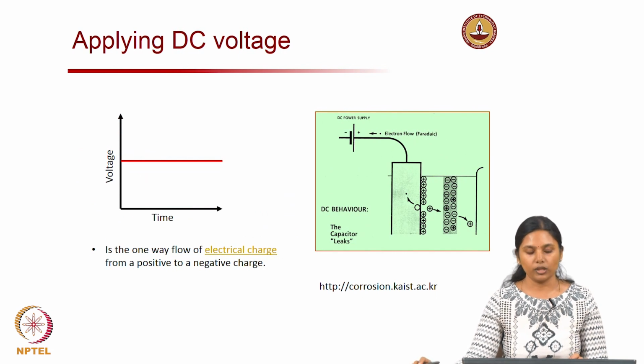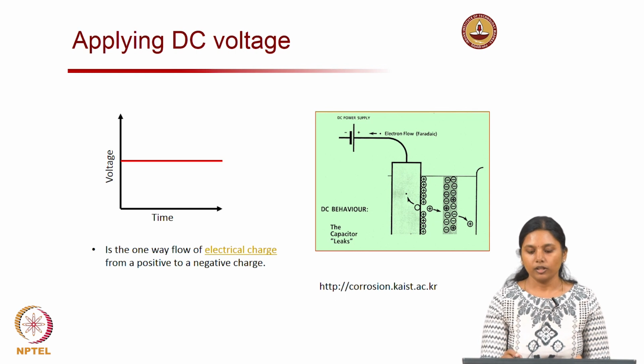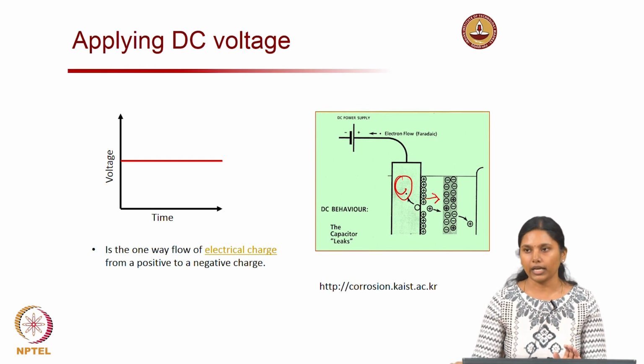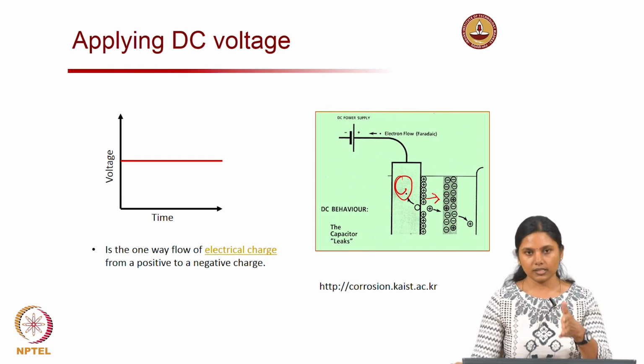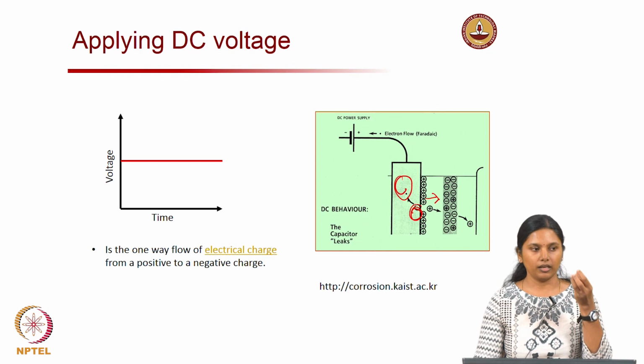Second is DC voltage. In DC voltage, we will apply a unidirectional current. We are charging the electrode. So, this will push the diffuse layer away from the electrode, and because of the constant pushing, there will be a small change in the surface. So, the electrode will get roughened.